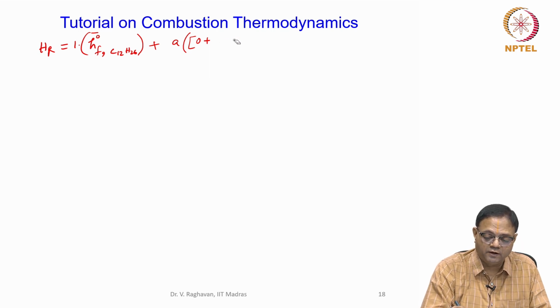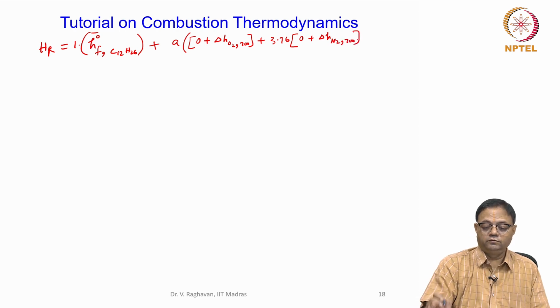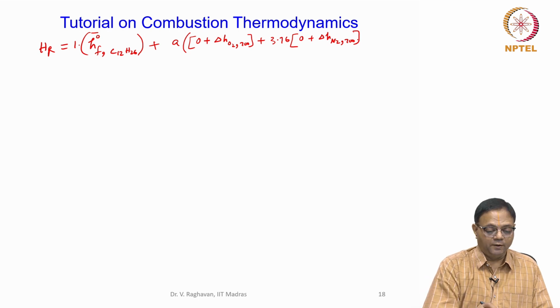I will write first the variable, delta H of O2 at 700, plus 3.76 times 0 plus delta H of N2 at 700. So, this is the enthalpy of the reactants.